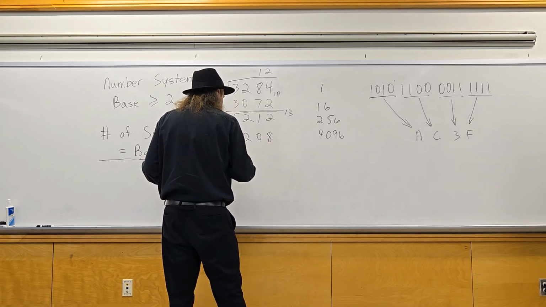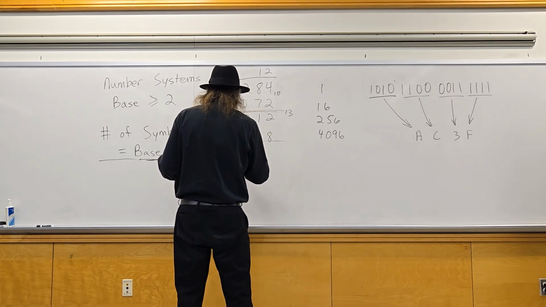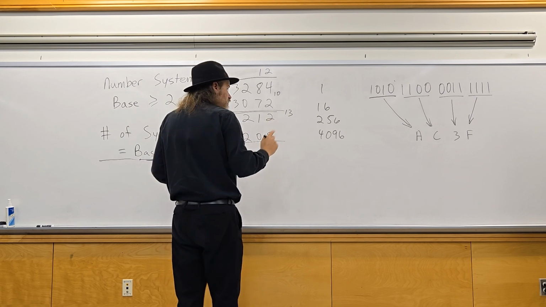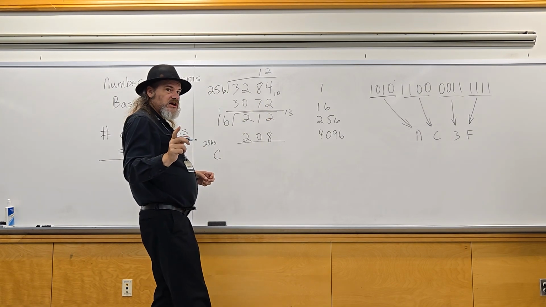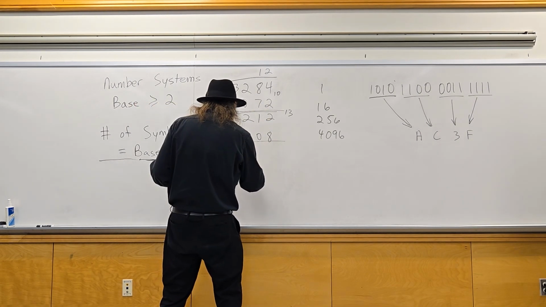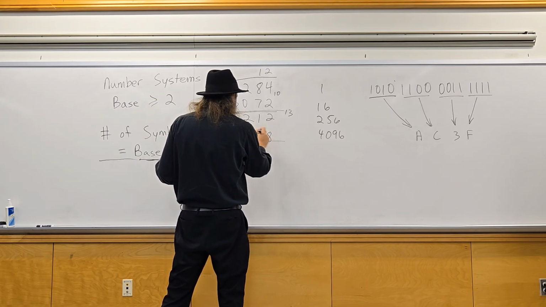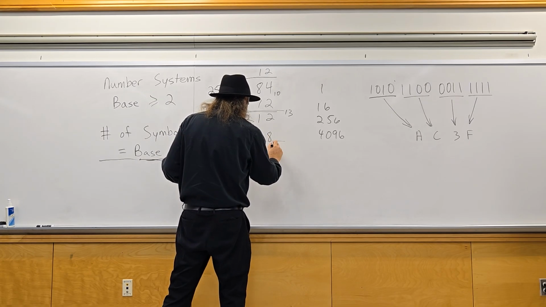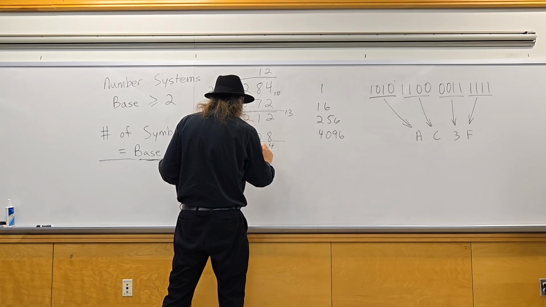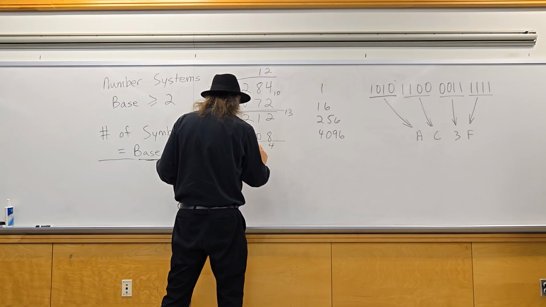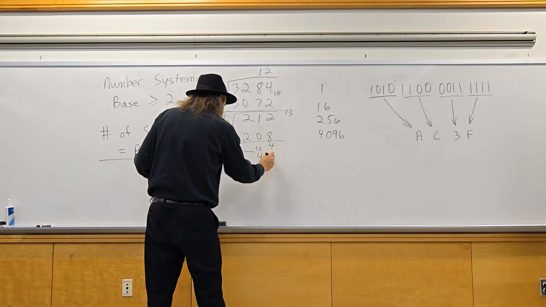Okay. And 13 in hexadecimal is D. That's the 16's position. And 212 minus 208 is 4. So that's 4 in the 1's position. And so there is your final result.